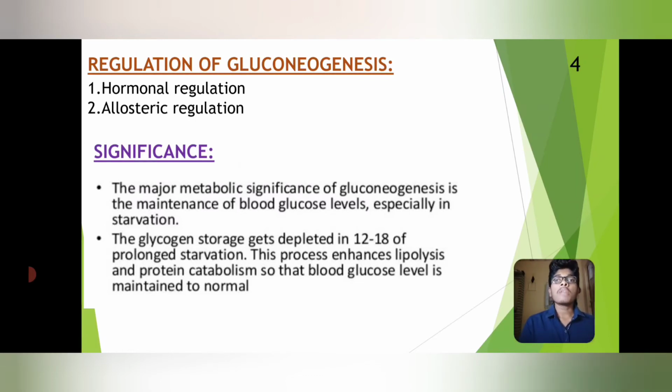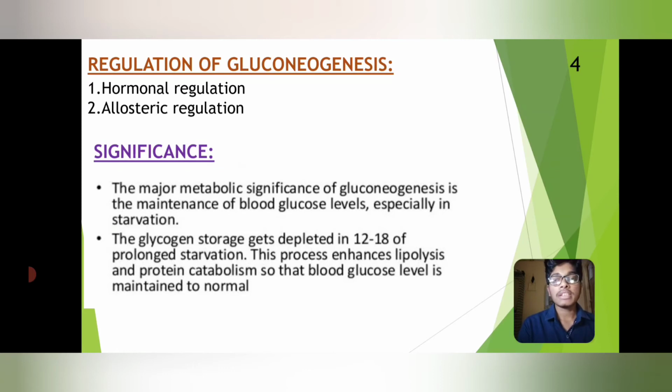First, hormonal regulation. Insulin decreases the synthesis of key enzymes of gluconeogenesis, thus inhibiting gluconeogenesis. Glucagon and glucocorticoids favor gluconeogenesis.